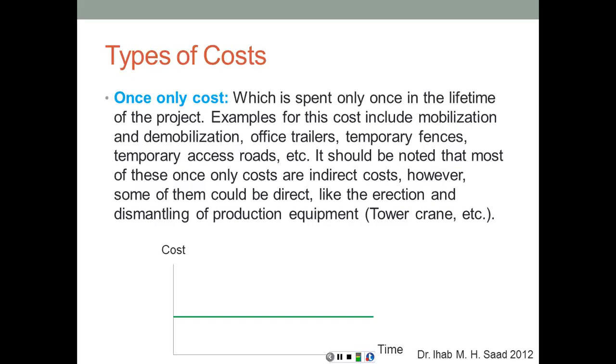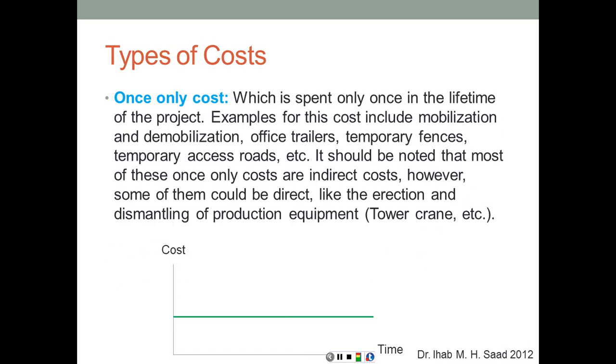The installation of the trailers for the contractors and the subcontractors and the parking shed, all of that is going to be considered a once-only cost, because once you spend it at the very beginning, you're not going to spend any additional money on that until the project is over. Same thing can be said for the mobilization of the equipment at the beginning and the demobilization of the equipment at the end of the project on your way out.